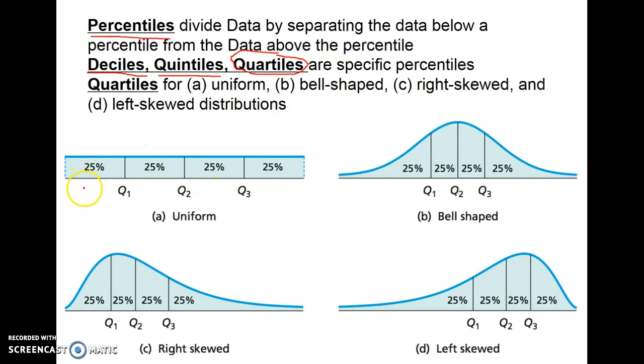And so you can see here's a uniform data where the 25% is all kind of uniform, and the space in the 3rd quartile, which is from these two areas, is the same as the 4th quartile, and so on. That's different than in other places, like you can see here where it's skewed to the right.